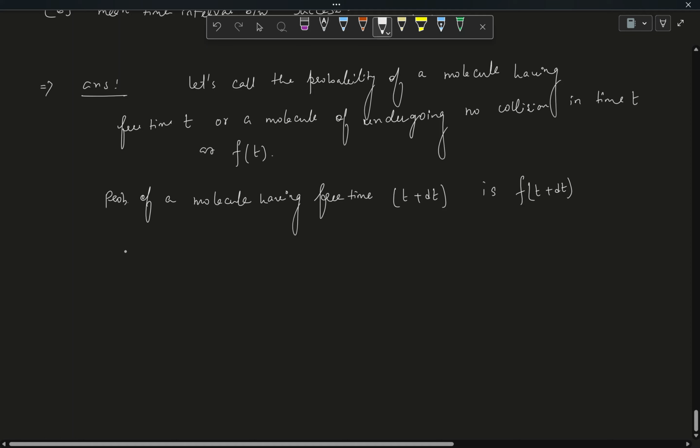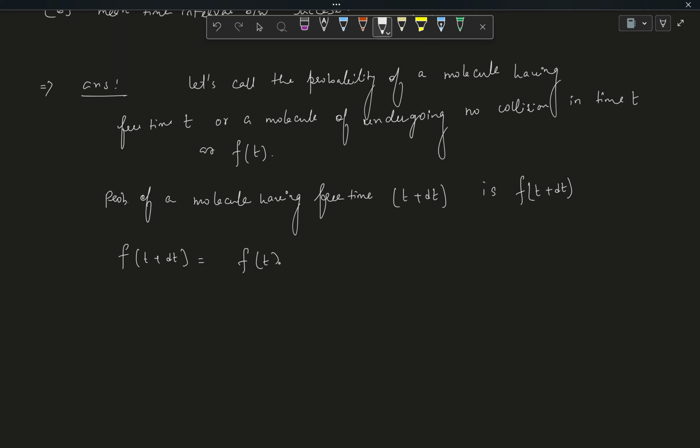So then what is f of t plus dt? Because it is a probability and we know we can multiply the probabilities of different events, right? So f of t plus dt is the multiplication of two different probabilities. One is the probability of having collision in time t, that is f of t, into the probability of no collision in the interval dt.